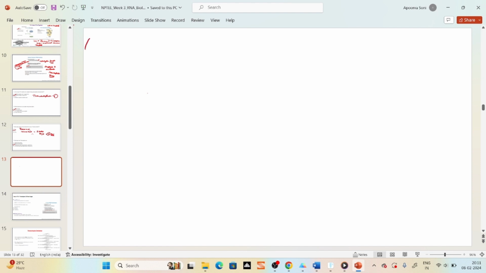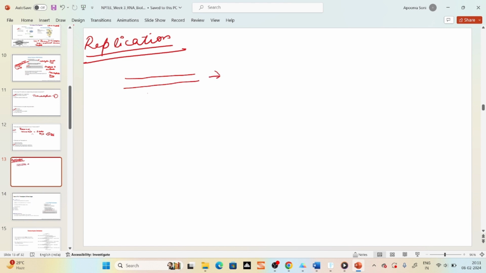So, if we talk about replication, in replication this is your double strand. Now you have 2 strands. This is 5 prime to 3 prime, 3 prime to 5 prime.